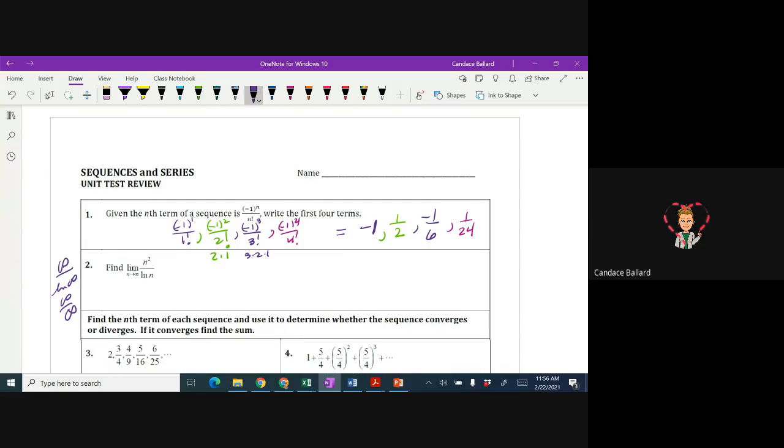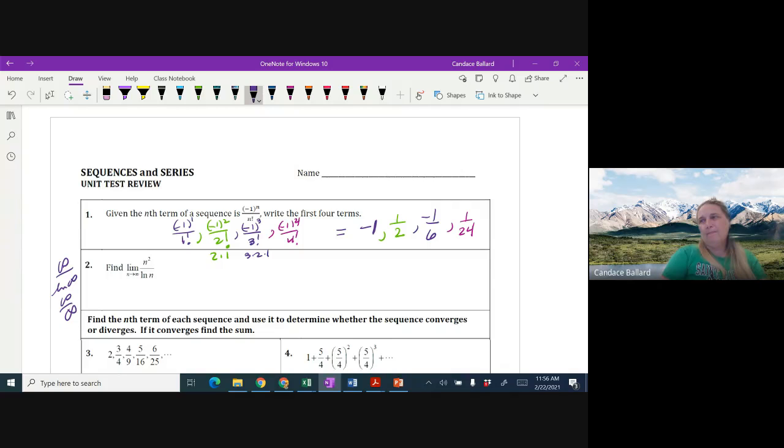What's the fancy word for when we get that? What do we call that when we get infinity over infinity, or 0 over 0? It starts with the letter I, and I don't care if you spell it right. Nate says he doesn't know. Anybody know? It starts with in.